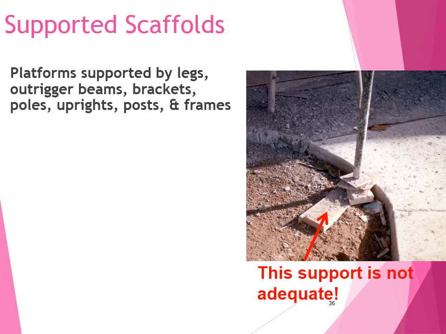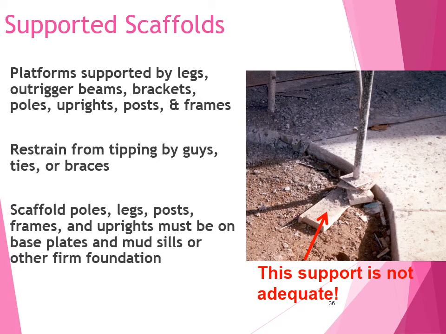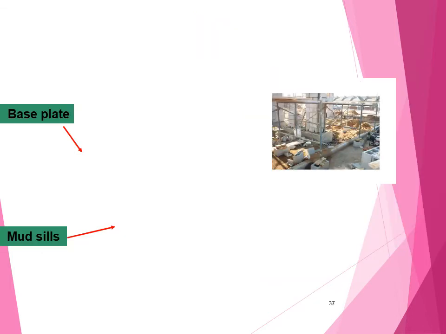Platform supported by legs, outrigger beams, brackets, poles, upright posts and frames. Restrained from tipping by guys, ties or braces. Scaffold poles, legs, posts, frames and uprights must be on base plates and mud sills or other form of foundation.